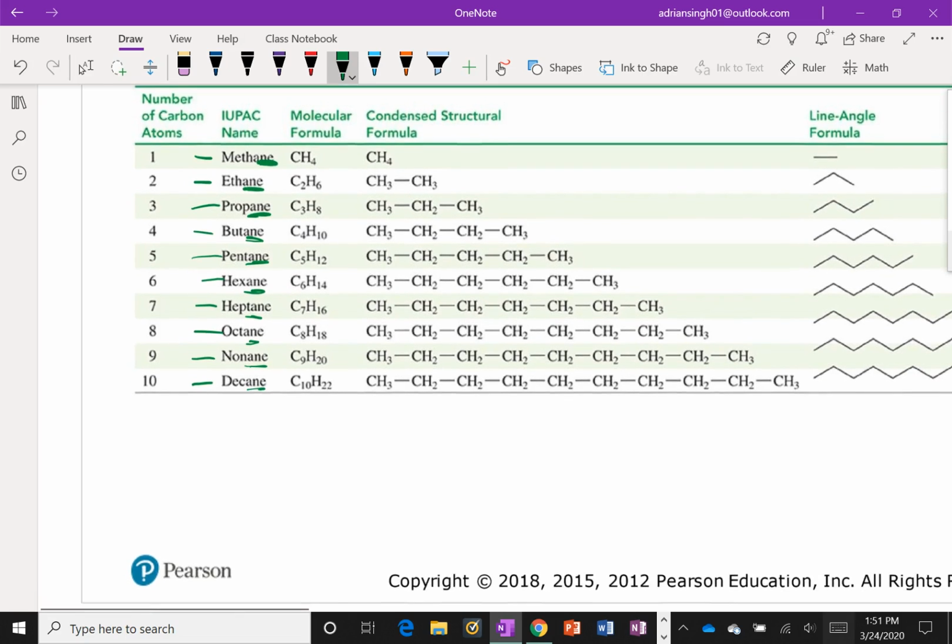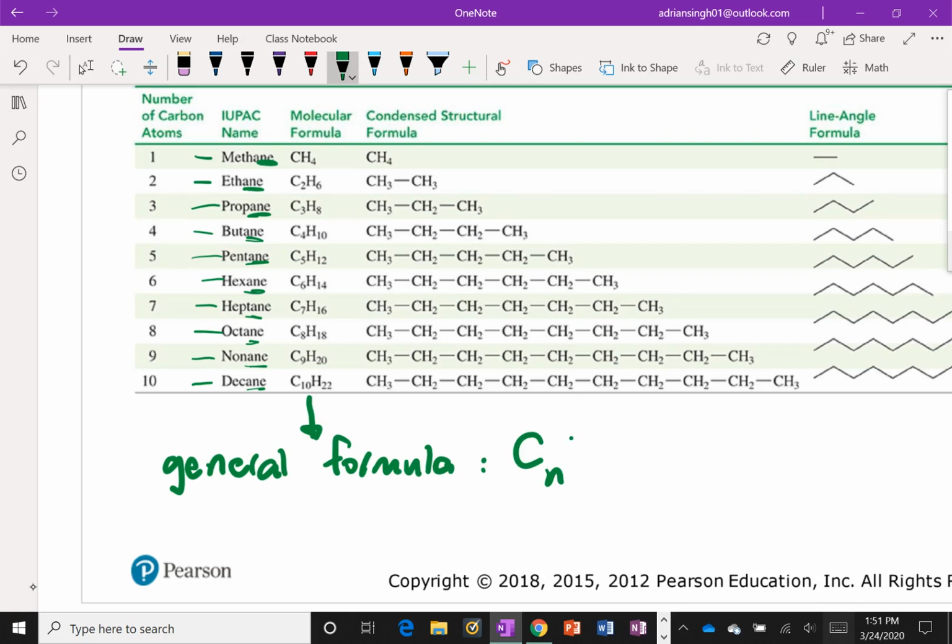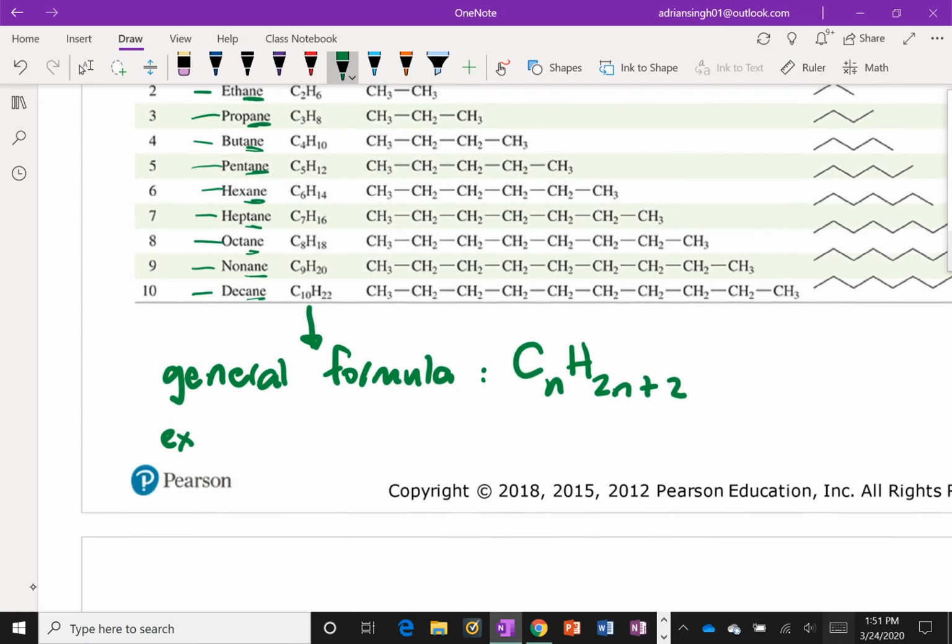What you'll also notice is that the formula for your alkane actually conforms to a general formula, and that's CnH2n plus 2, right?